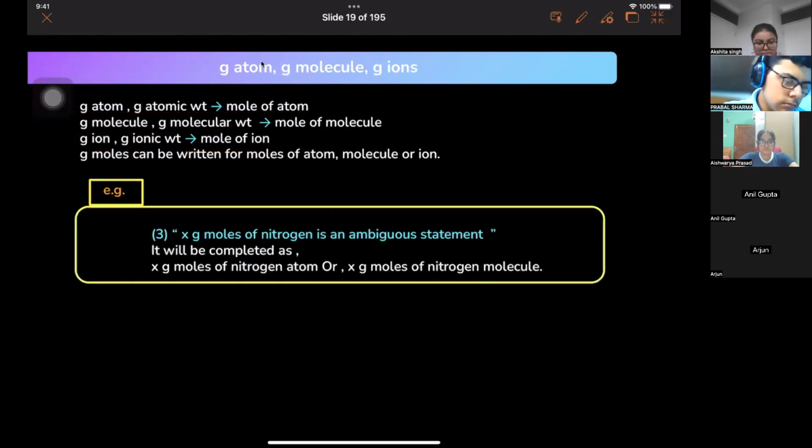If this is clear, let me ask a question just for clarification from my end. If I say X gram atom of oxygen, how much is the mass of this? Please answer. Type the mass in chat box.